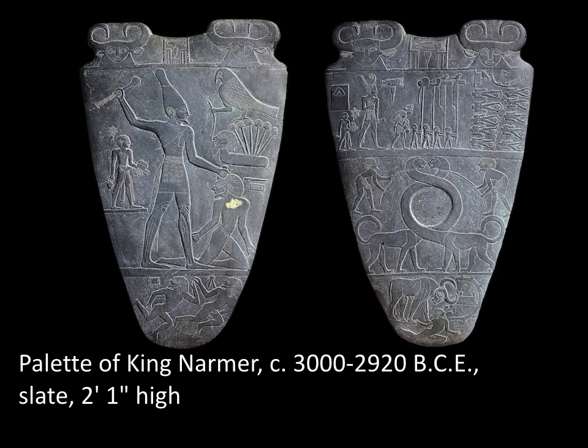So on this palette, we get to see the story, not the whole story, just really the ending of the story of King Narmer, who was from Upper Egypt, which we can tell by his crown. Him taking over Lower Egypt and that victory over Lower Egypt.